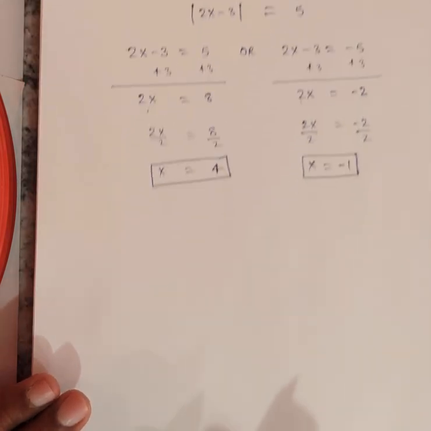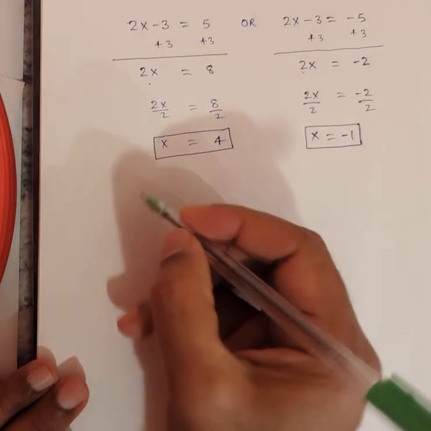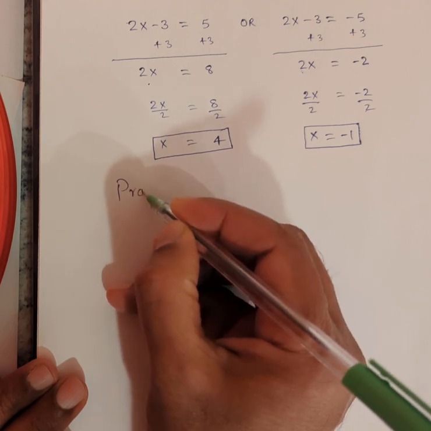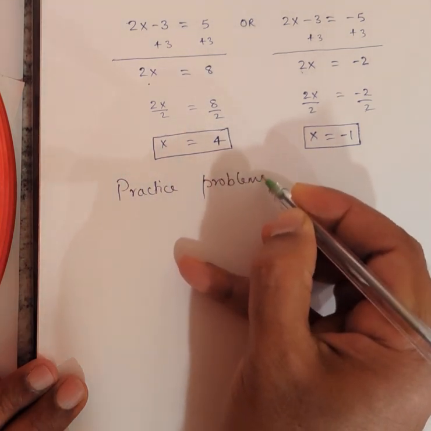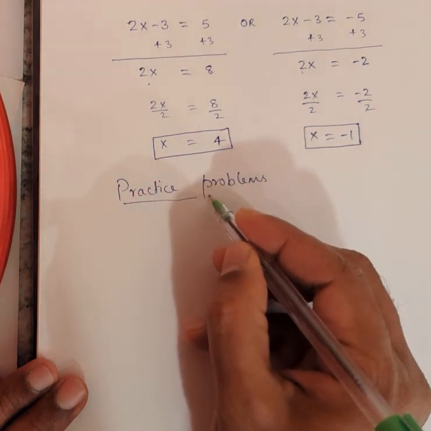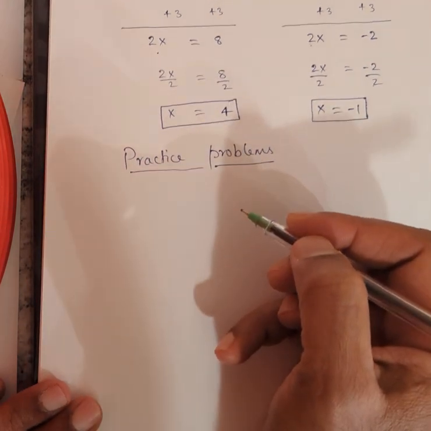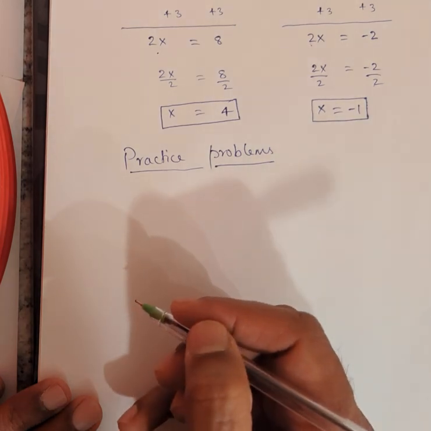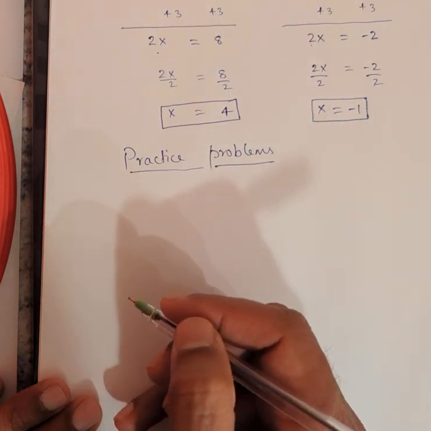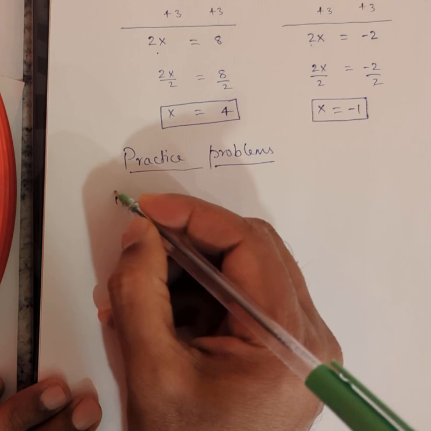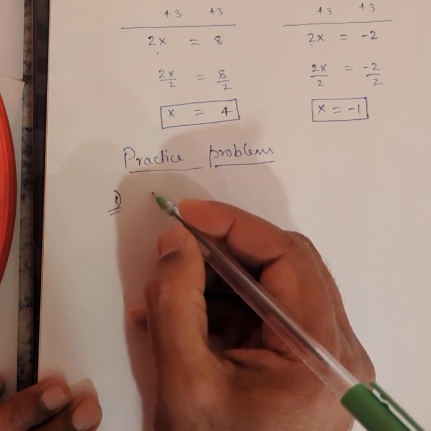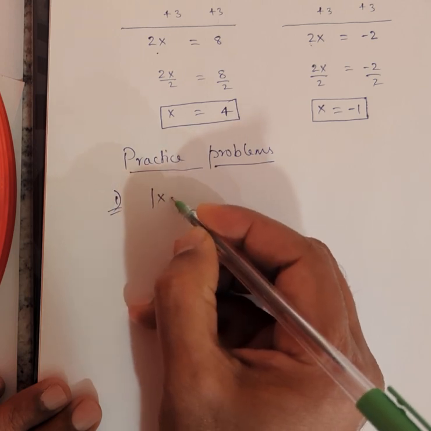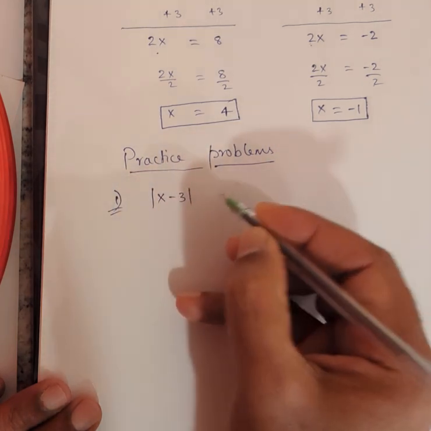Well, I hope this makes some of the things clear. But just like with any math concept, the only way to get better is to practice. So I'm going to write down a few practice problems. I'm going to start easy and then maybe build up.